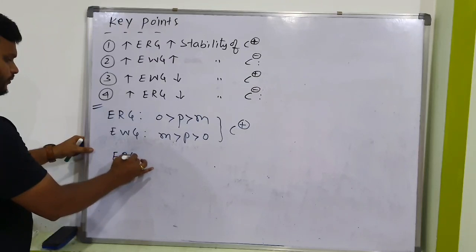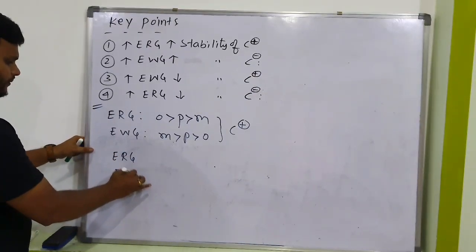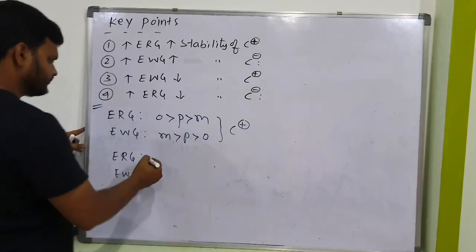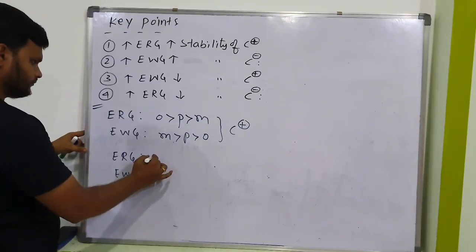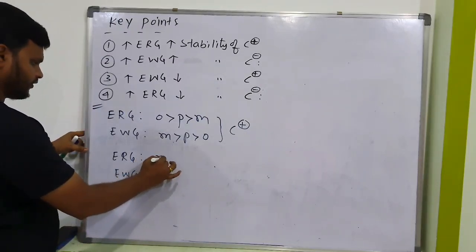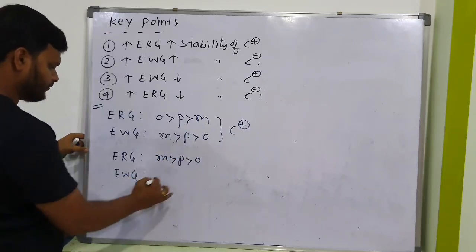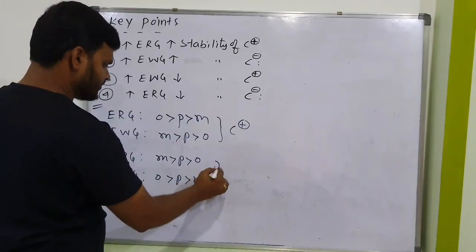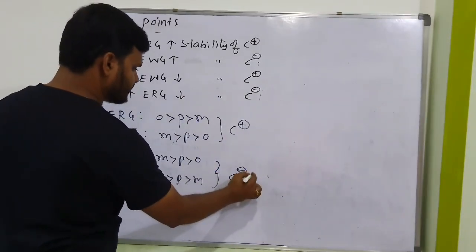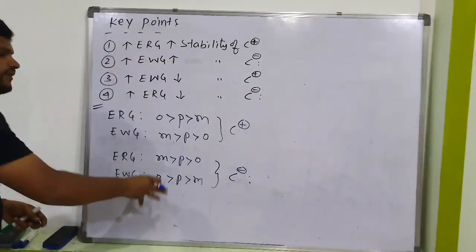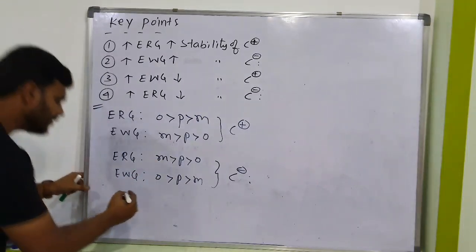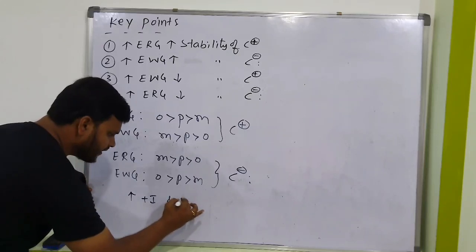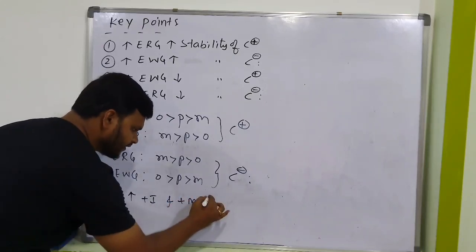Electron releasing group and electron withdrawing group, completely reverse. Carbanions: MPO, OPM. This is the order for carbanions. These are very important.